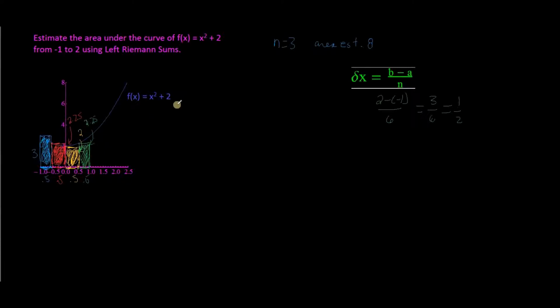Two more rectangles left. So this one is going to be a width of 0.5, height here evaluated at 1. So this guy. Now this height is the function evaluated at 1, so it's 3.